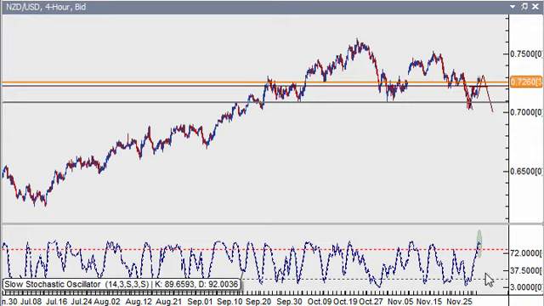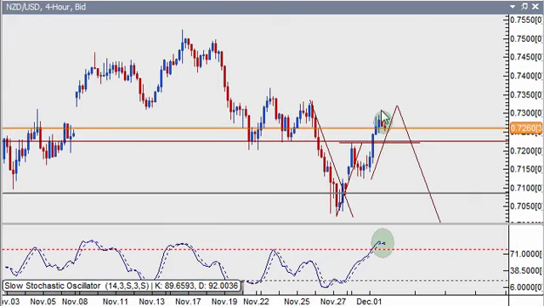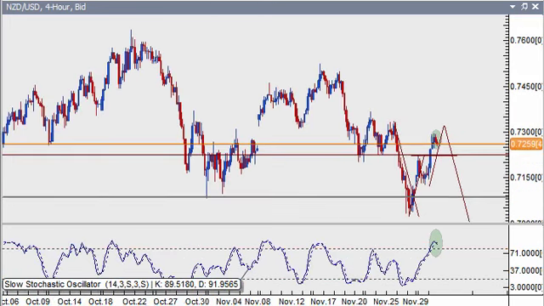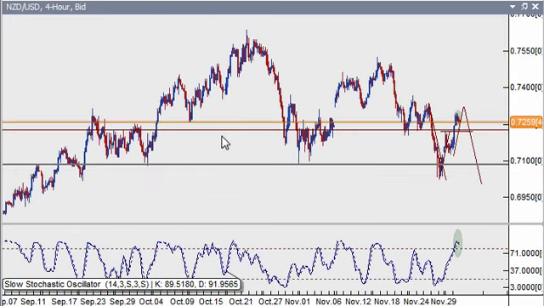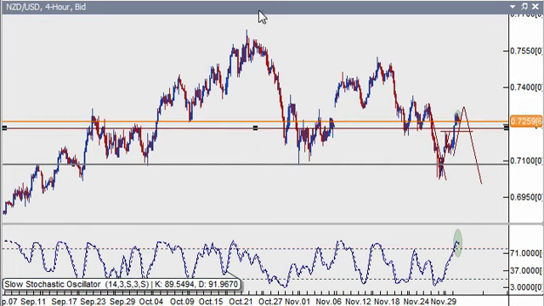At the moment, the market is in the middle of this consolidation zone. In this shorter consolidation zone, this is a wide one, but we have a narrower consolidation zone here, and the market is basically at the bottom of it.